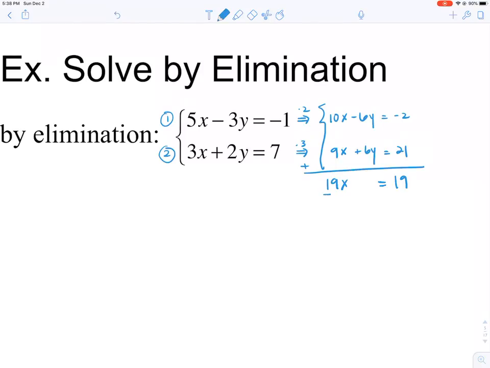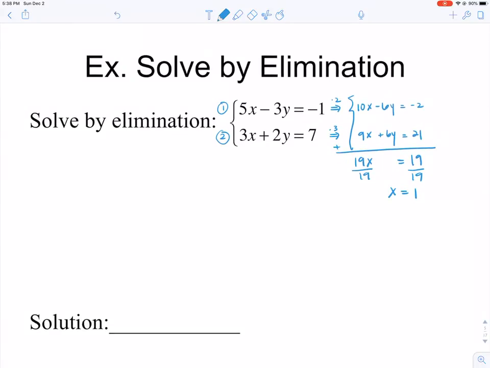So we can divide by 19 on each side of the equation to get that x is equal to 1. So we know that, as long as we haven't done anything wrong, 1 should be the x coordinate of the solution. And it doesn't matter which equation we substitute 1 into to find the y value.